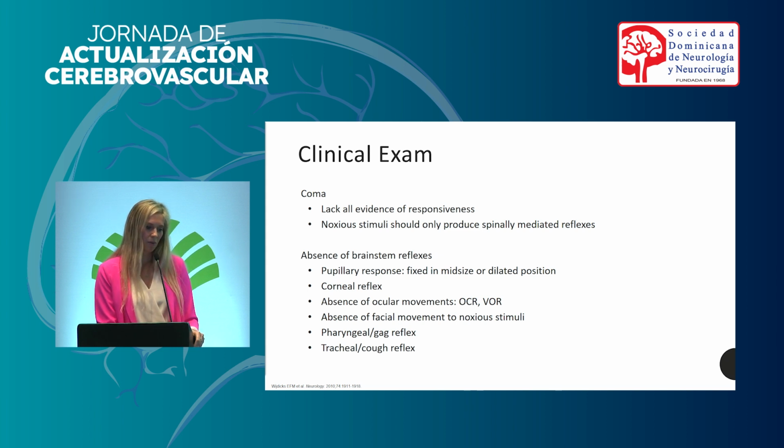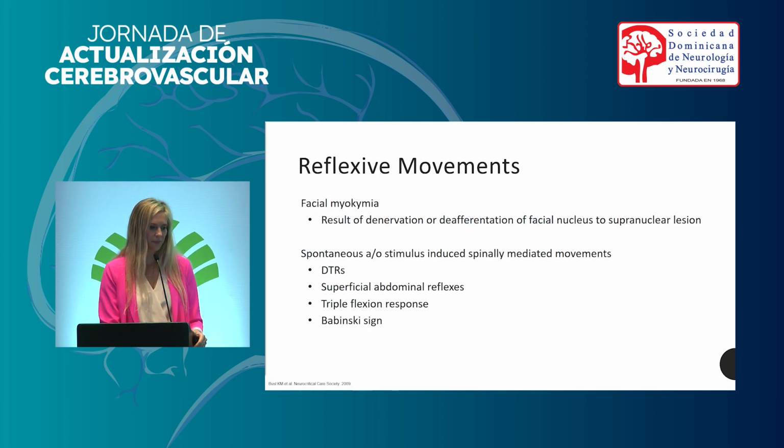So it can give you hard evidence that it is definitively a non-reactive pupil. We look for ocular movements by doing our oculocephalics and vestibulo-ocular reflexes, absence of any facial movement to noxious stimuli, and then we'll check our gag and cough reflexes.